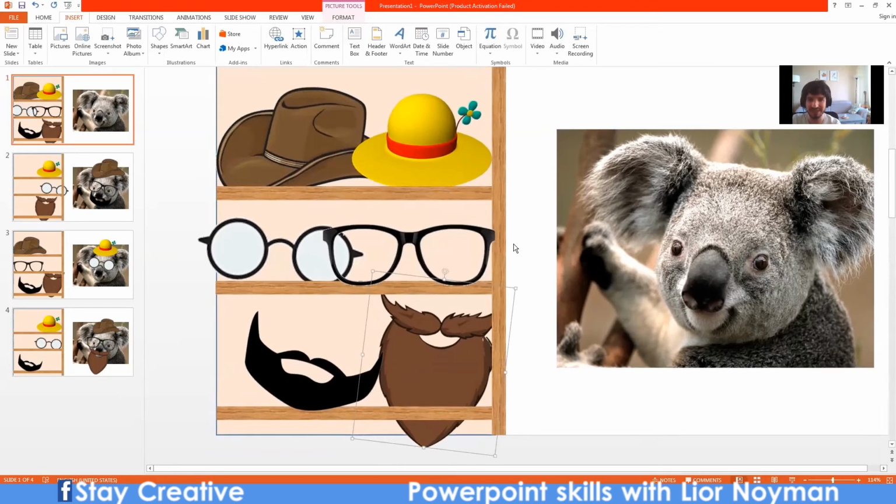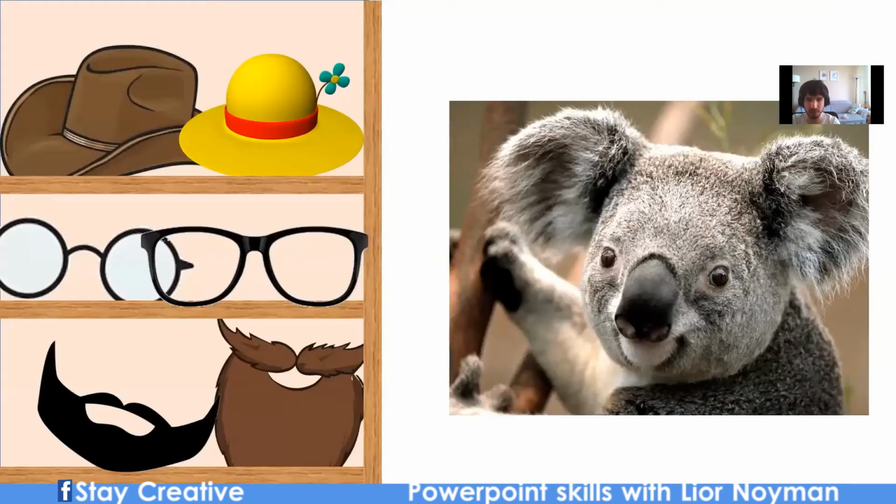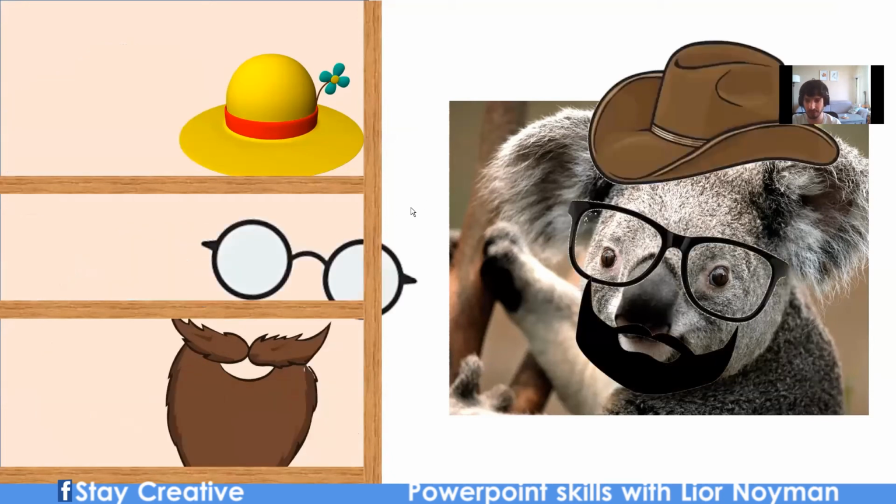Now again, I will press F5 on my keyboard to show the interactive slideshow we created. And when I move my mouse over the glasses, it will jump to this custom slide. But now I want to change it back to the head slideshow, or the brown beard slide.